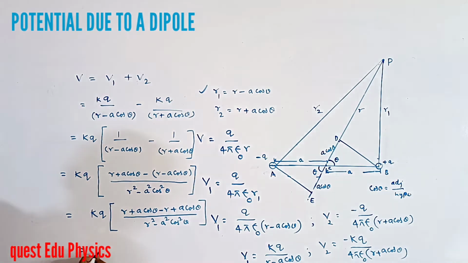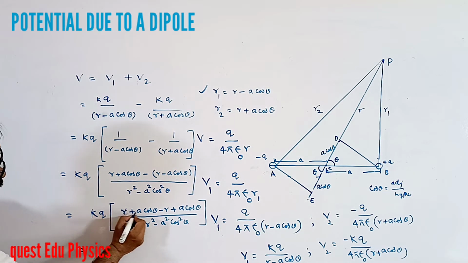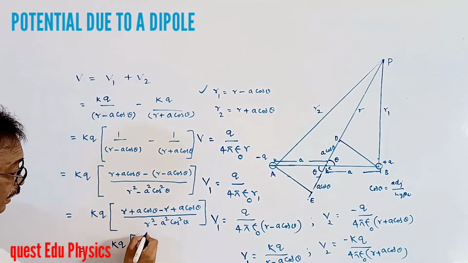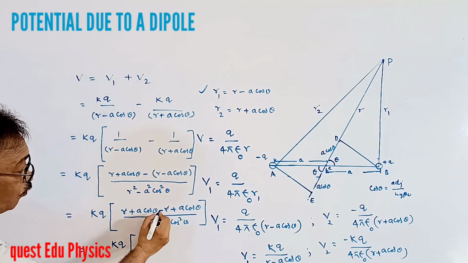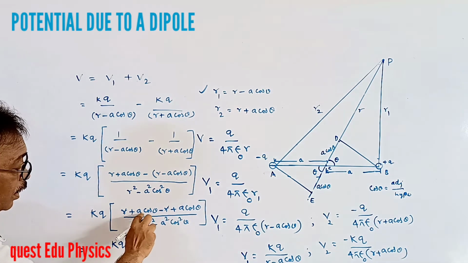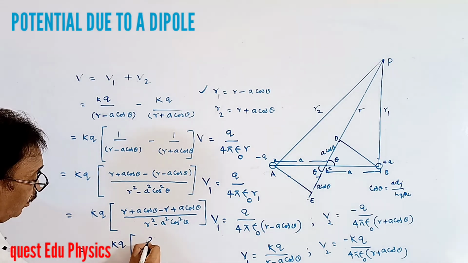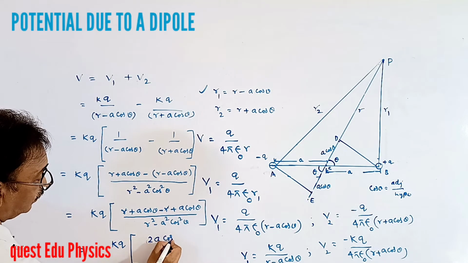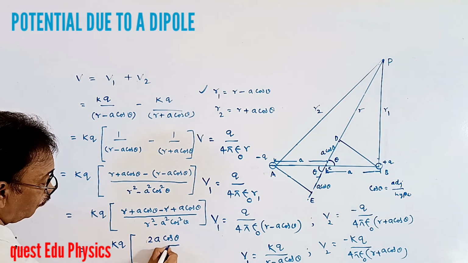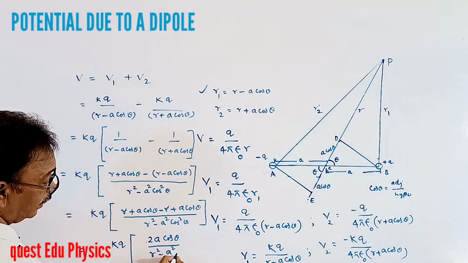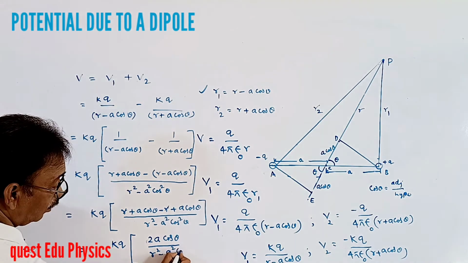Okay, students, here R gets cancelled. KQ of A cos theta plus A cos theta, 2A cos theta, by R squared minus A squared cos squared theta.